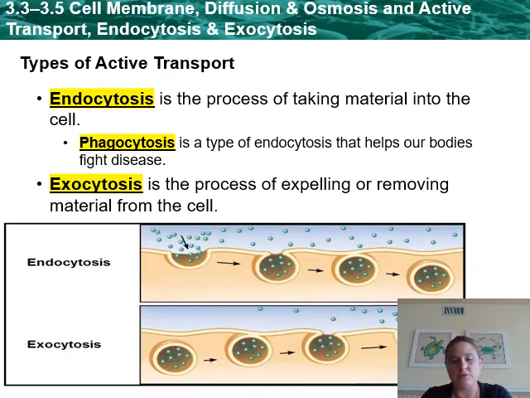And then we have passive transport and active transport. Passive transport, no use of energy. Active transport, with energy. And then we've got some examples of passive, which were diffusion, osmosis, and facilitated diffusion. And then our types of active transport, which were endocytosis, phagocytosis, and exocytosis.